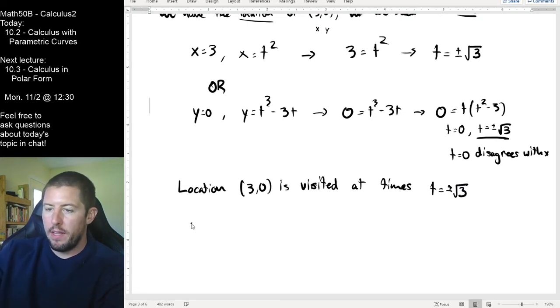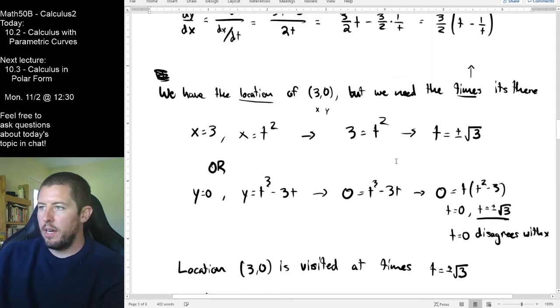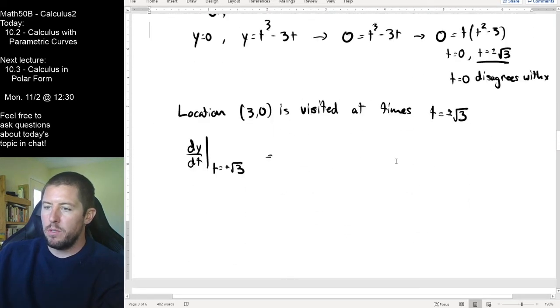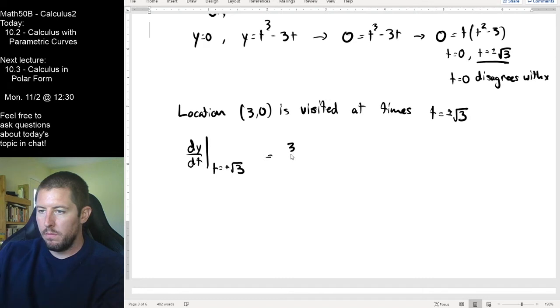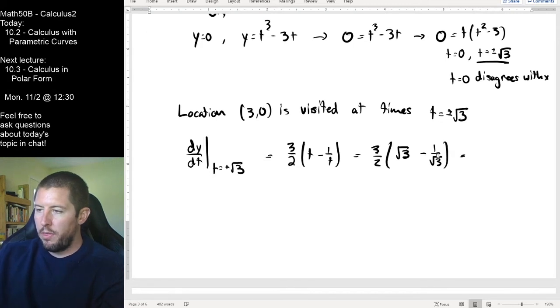And therefore we can say dy dx evaluated at t equals positive root 3 is going to be, what equation did we just get up here? 3 halves t minus 1 over t. And that's going to give me root 3 minus 1 over root 3. 1 over root 3 is root 3 over 3.